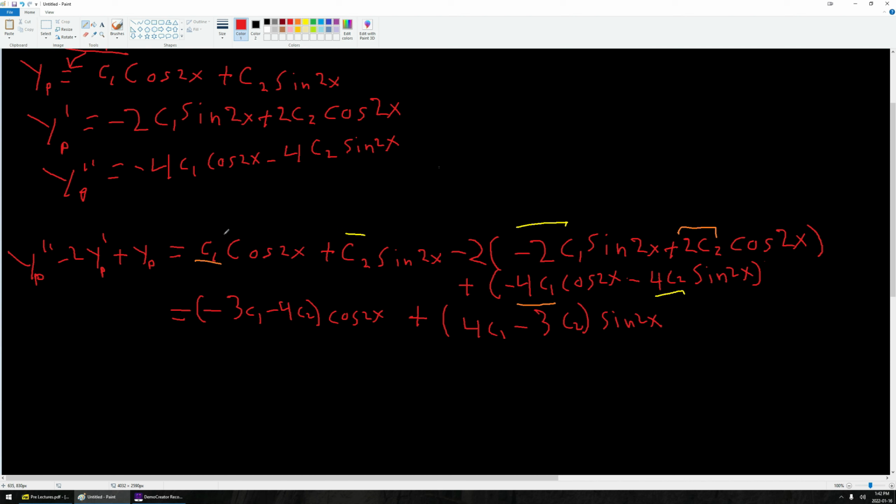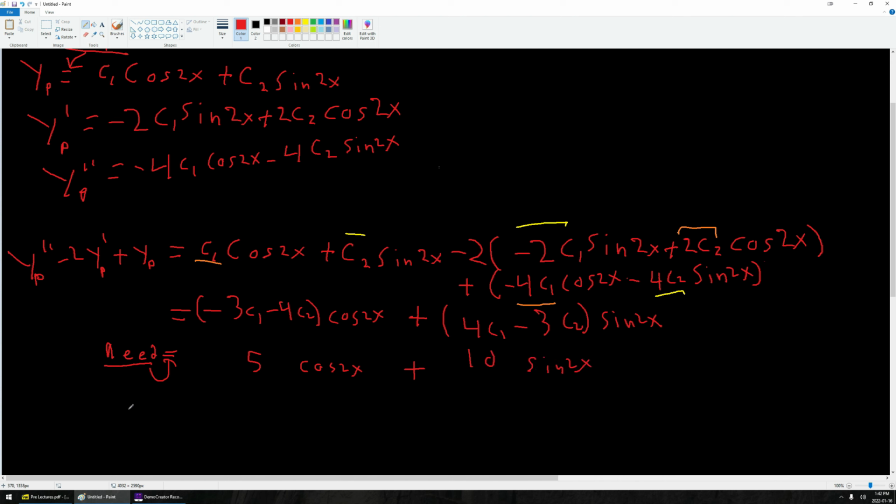So here, what I need to be true is for this to be exactly equal to, well, here I had a 5 times cosine of 2x, plus, on the other hand, I had a 10 sine of 2x.